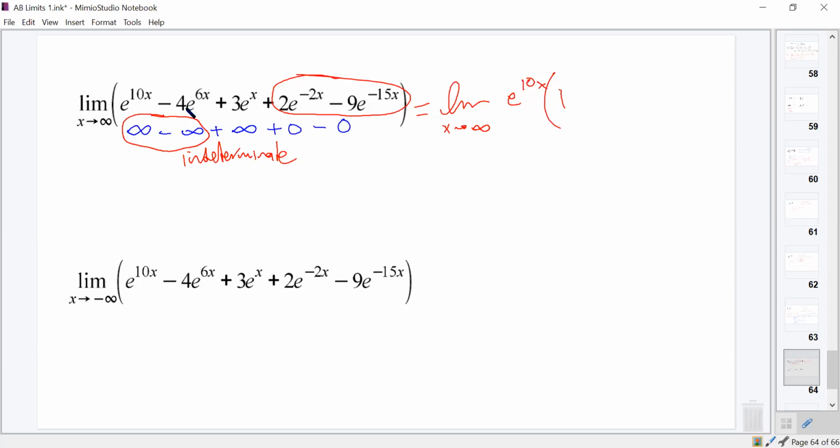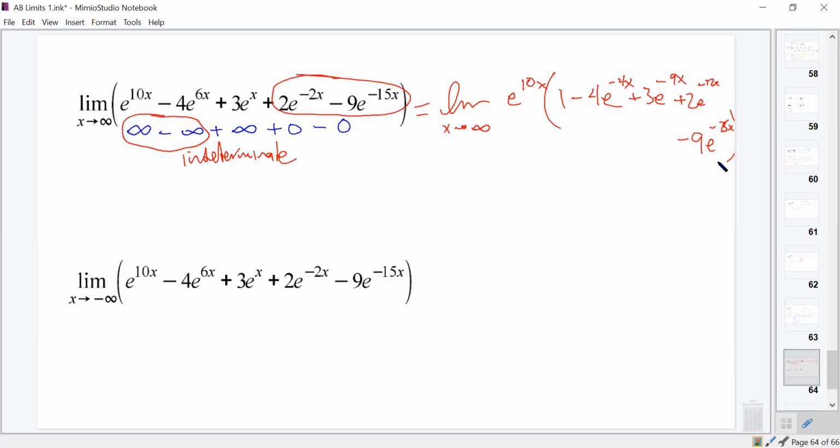Okay. What if I take e to the 10x out of negative 4e to the 6x? I'm still going to have a minus 4e to the negative 4x, because these powers, 10x plus negative 4x, would have to come out to be that 6x. So what's the next one going to be? Plus 3e to the negative 9x and plus 2e to the negative 12x. And I've run out of room here, but minus 9e to the negative 25x. Do you guys all agree with that?